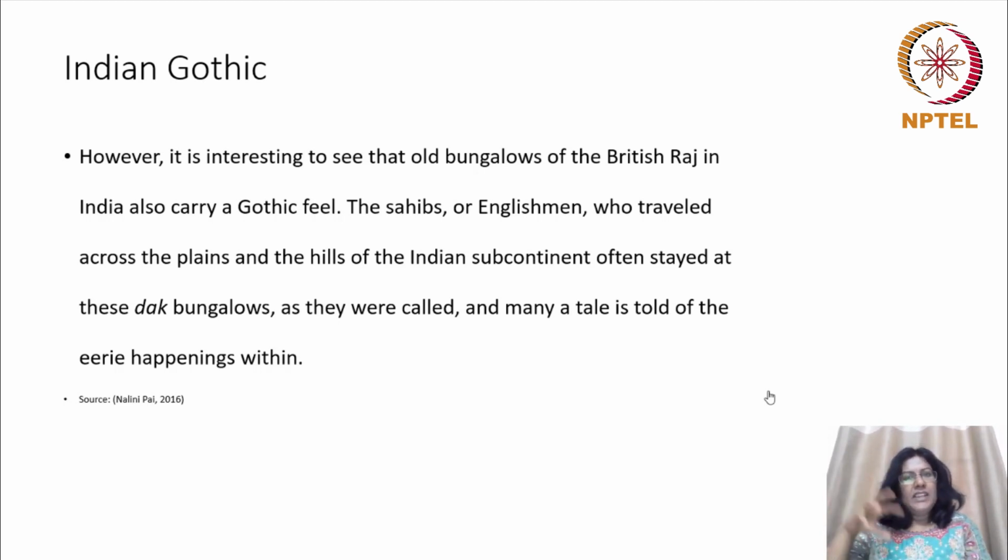So these spaces become spaces of oppression, and connected to the space of oppression, we have all these Gothic tales being woven. So you can see the connection between the historical happenings and the literary fantasies, if you want to call it that, emerging from those spots.